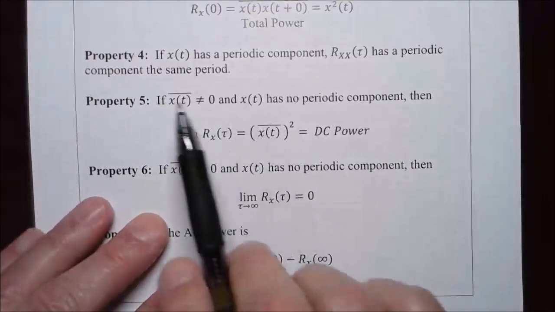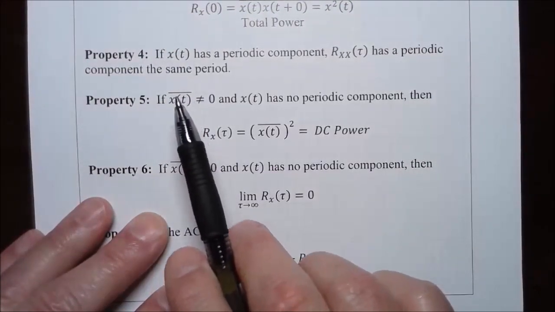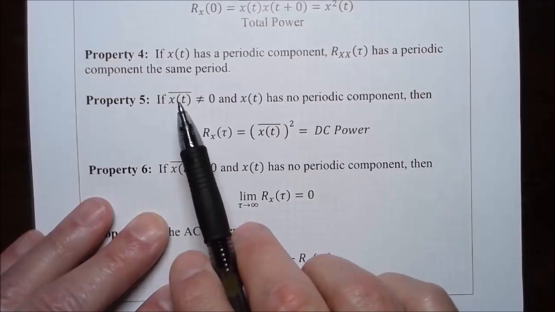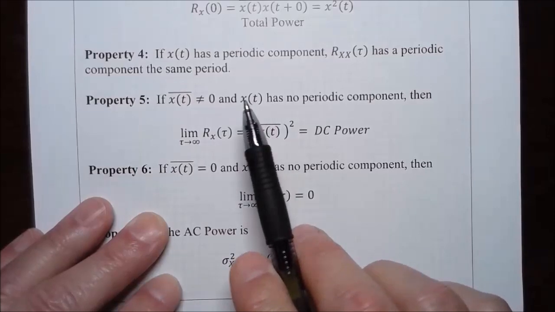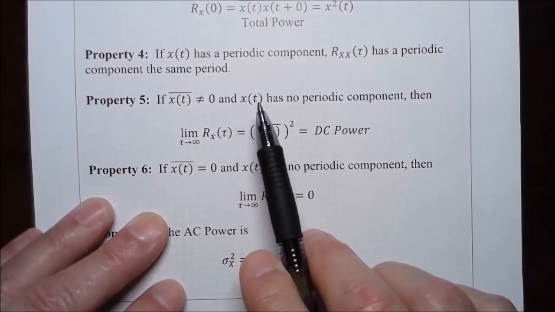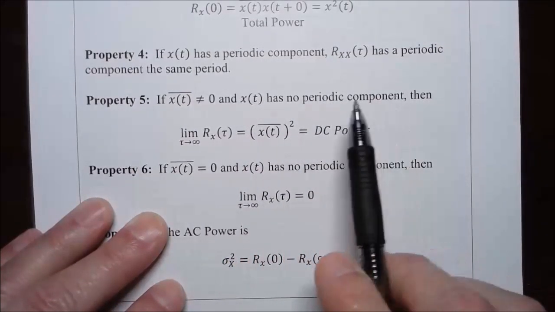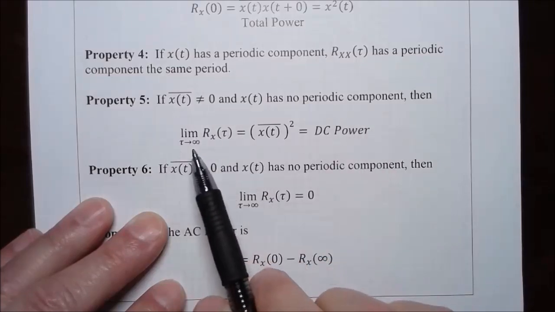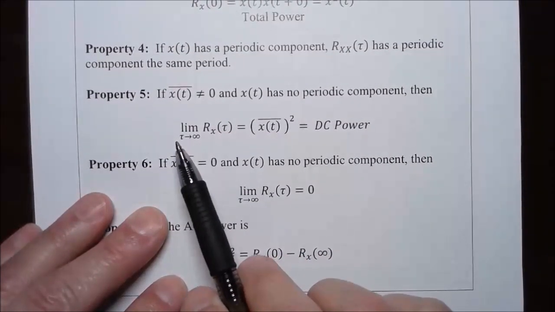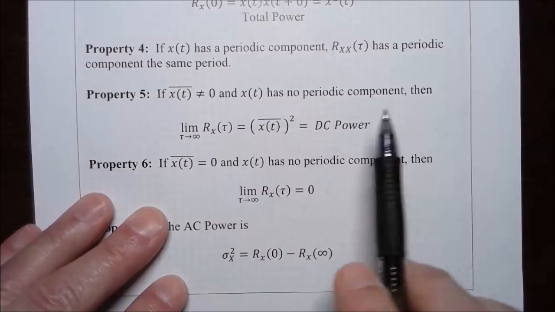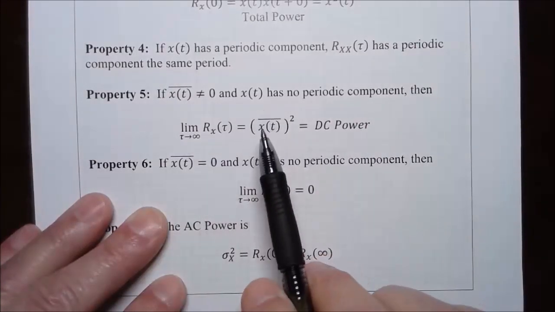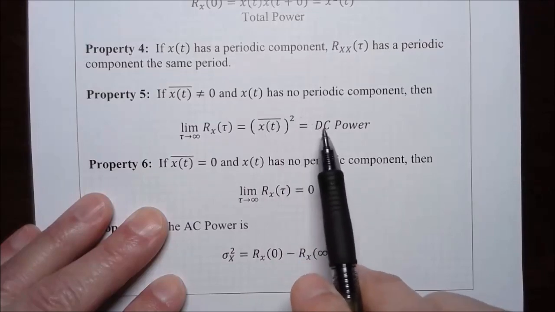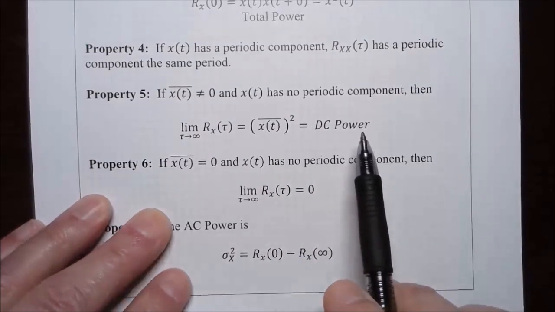If the average value of the time signal is not equal to 0, it has a DC component, and if the time signal has no periodic component, then if you look at the value of the autocorrelation as tau approaches infinity, out near the tails of the autocorrelation, that will give us the DC power in the random signal.